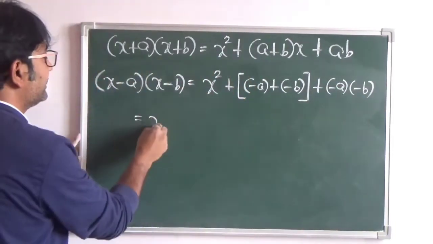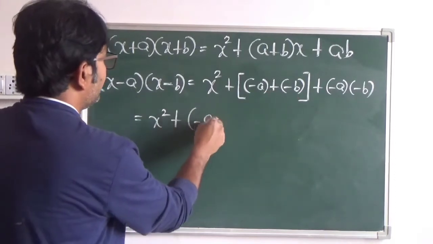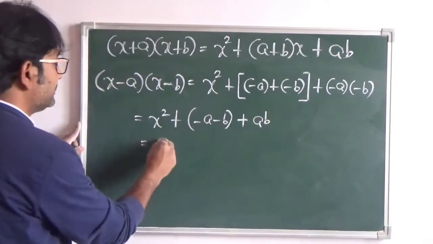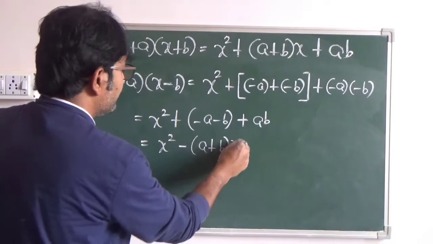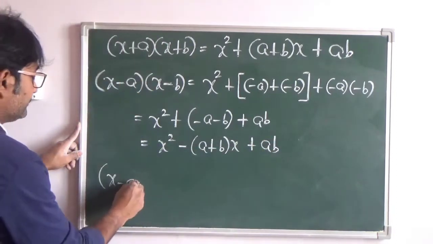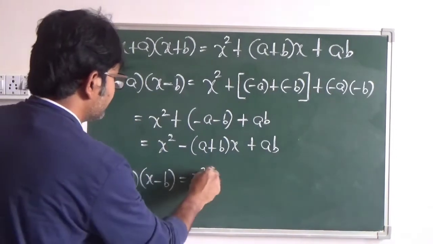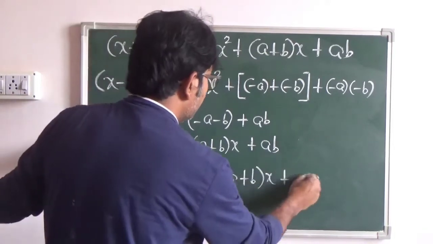So you write x square, here you can take minus, let me write (-a - b), this is plus ab. So it is x square, if you take minus common, that is (a + b) into x plus ab. So you have (x - a) into (x - b) is x square minus (a + b) into x plus ab.